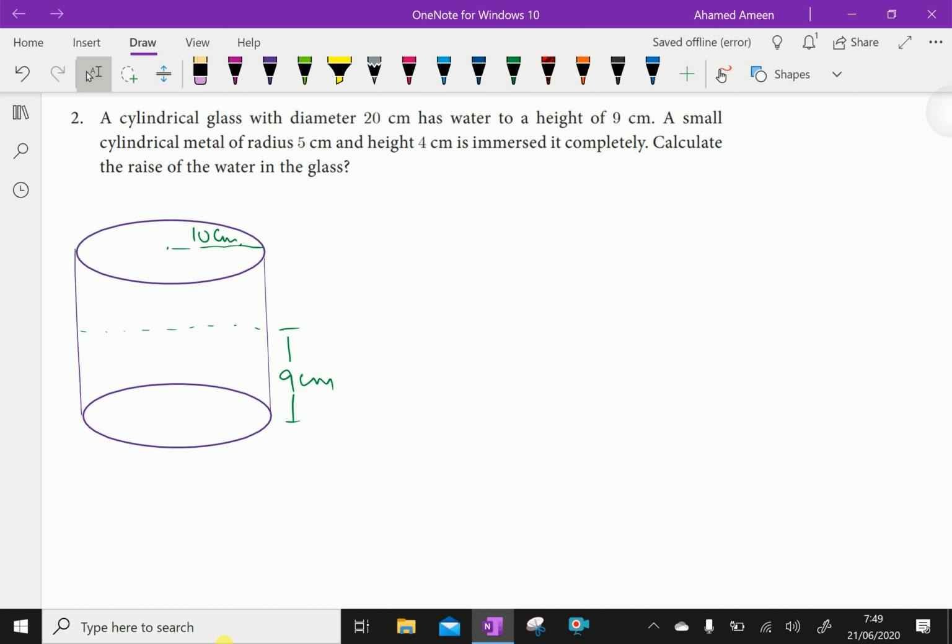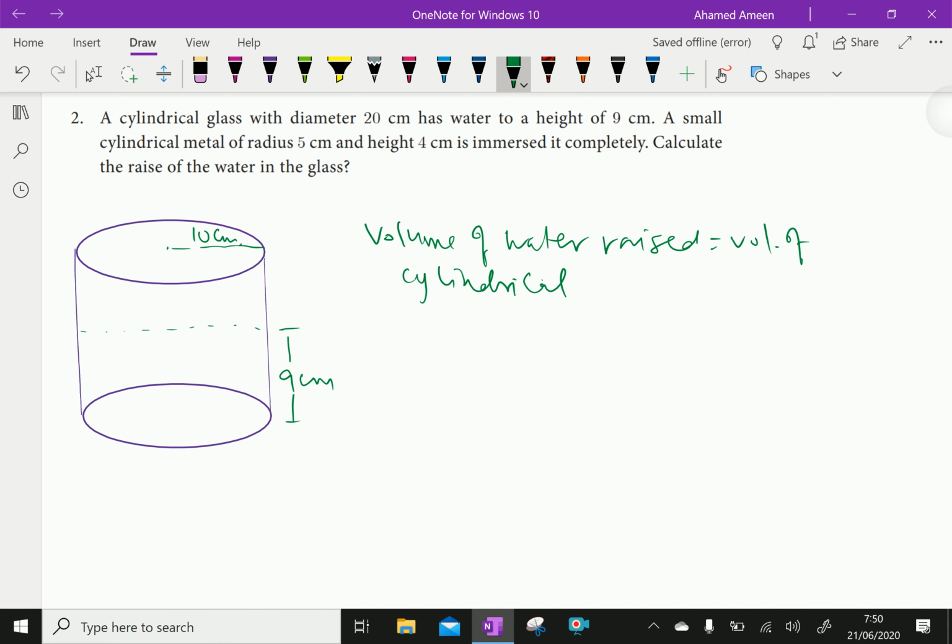Now the volume of the water raised is the volume of the cylindrical metal immersed in water.